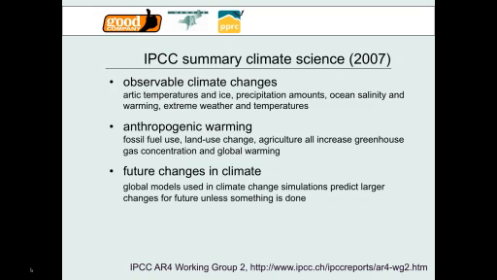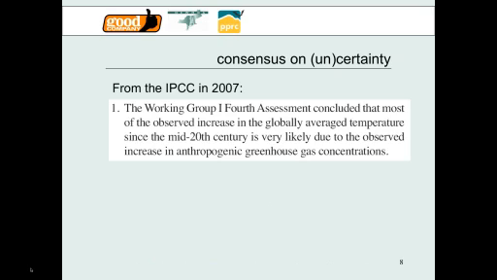The last Intergovernmental Panel on Climate Change, or IPCC, summary reports in 2007 had a few big themes. I'd summarize them this way. We have observed changes in climate. Anthropogenic or human-caused warming is singled out as the biggest deal, and future changes in climate are inevitable in the short term and all but inevitable in the longer term if we don't do something to move off our current emissions trajectory in a big way.